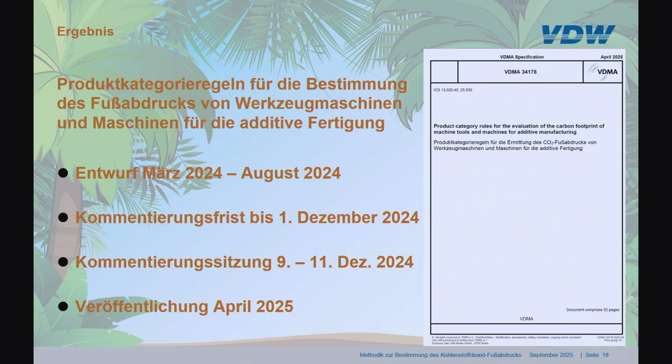And after about a year, we got the result, and it looks like this. We wrote a VDMA standard sheet. The title is Product Category Rules for Determining the Carbon Footprint of Machine Tools and Machines for Additive Production. We included them too in this.